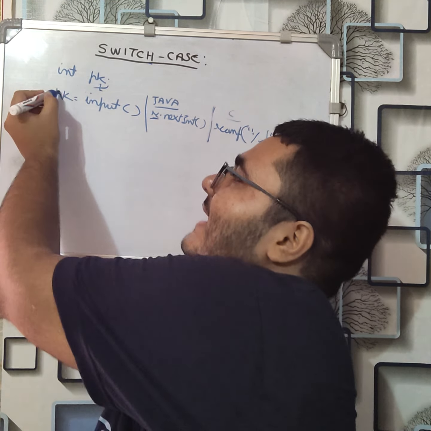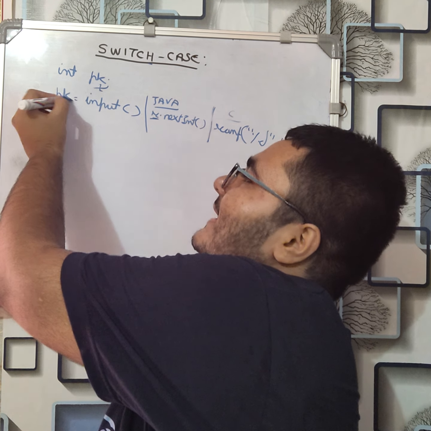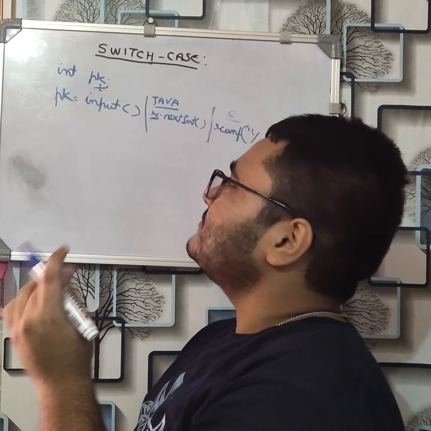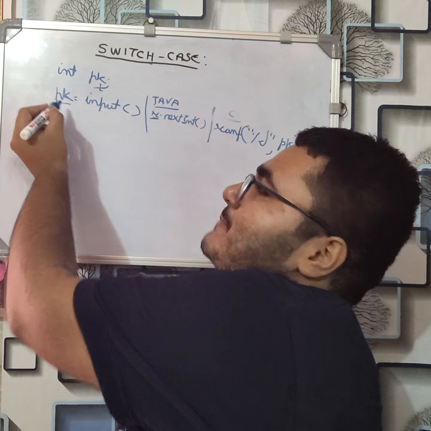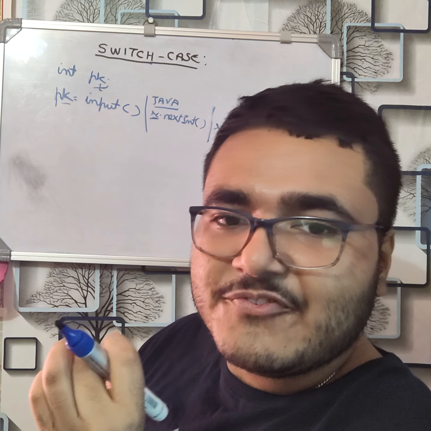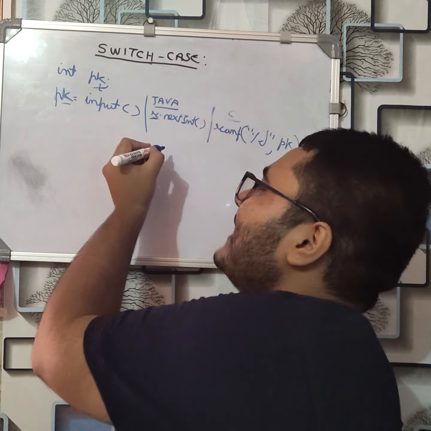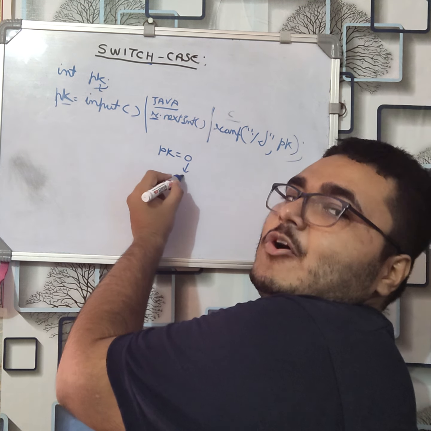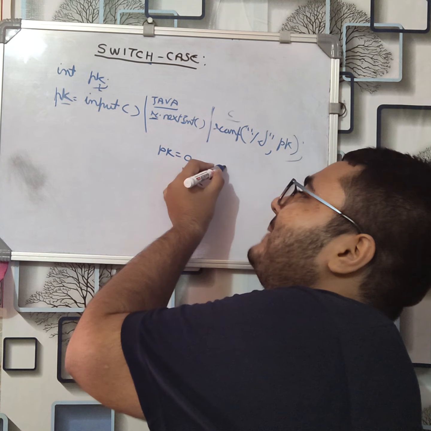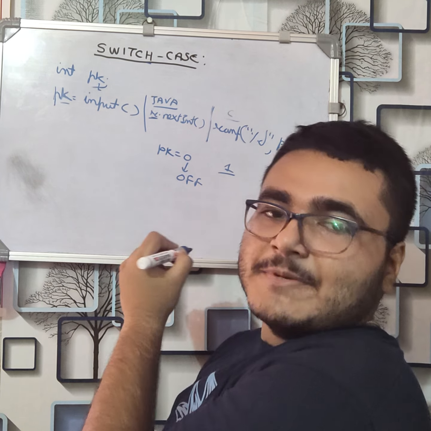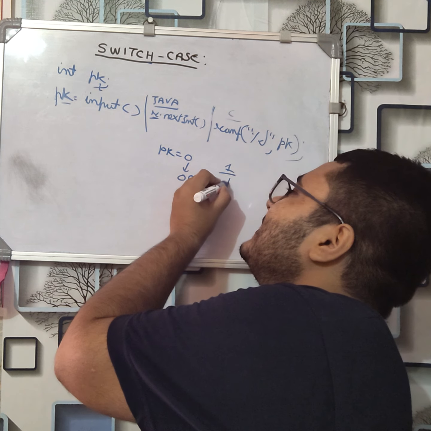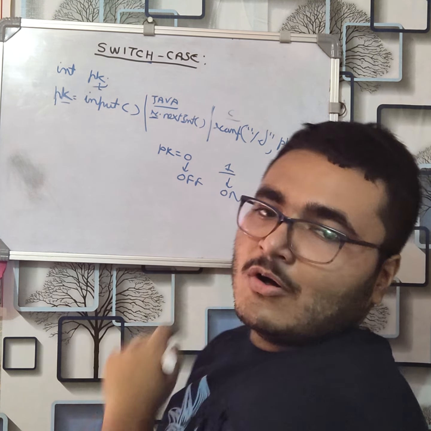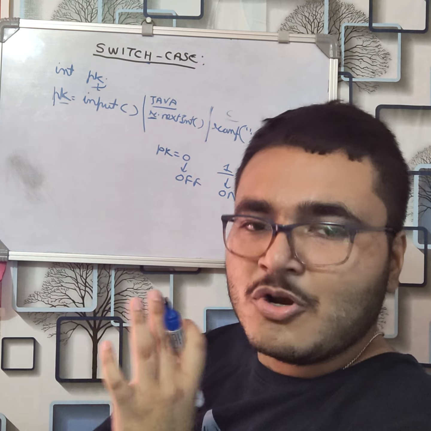So I am taking an input in pk. Suppose if the user gives 0, the TV will be off, and if pk, that means power key, is 1, then the TV will be on.